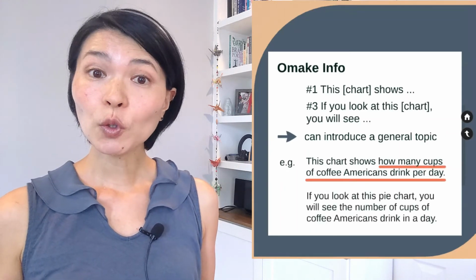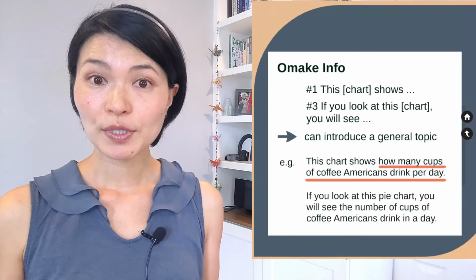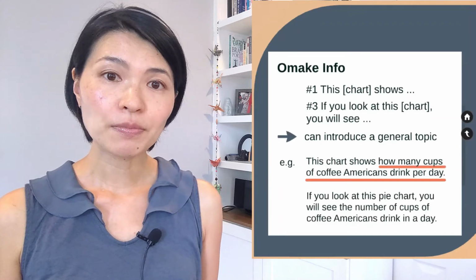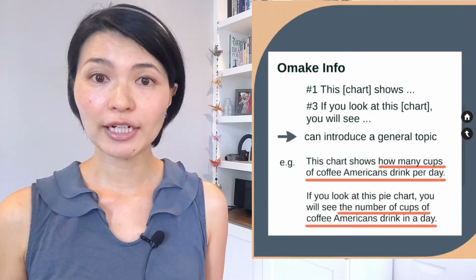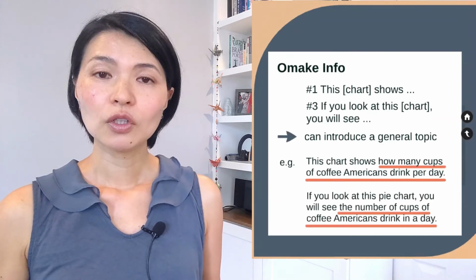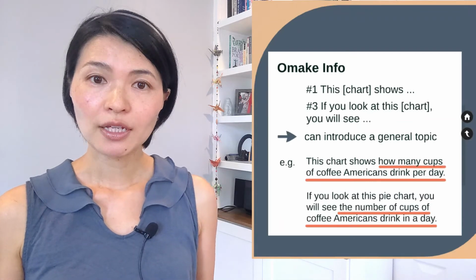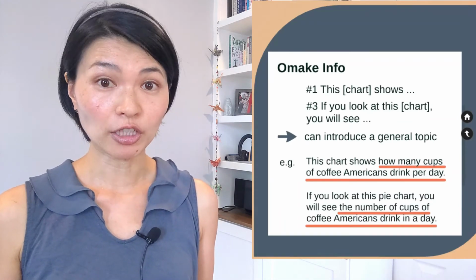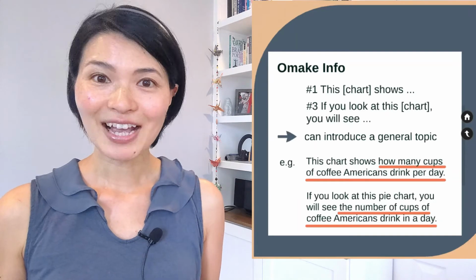Or, if you look at this chart, you will see the number of cups of coffee Americans drink in a day. So if you want to introduce the general topic of the chart to your audience, that's how you can do it.